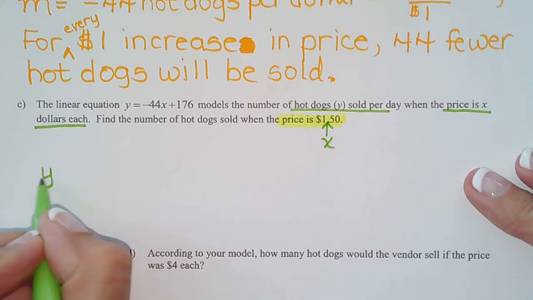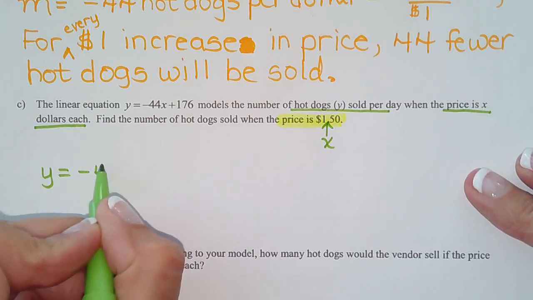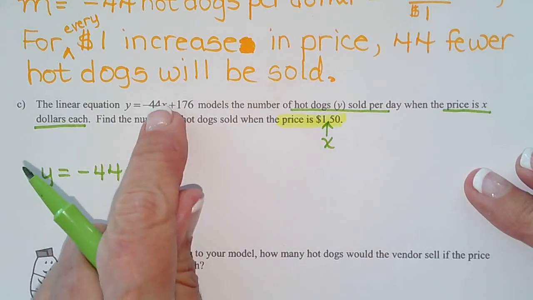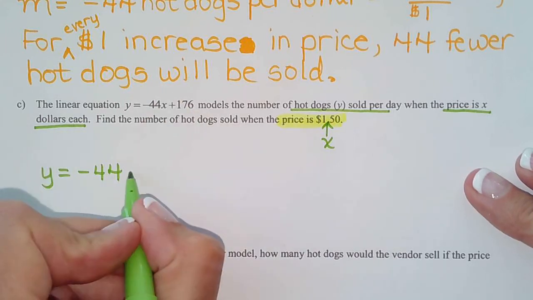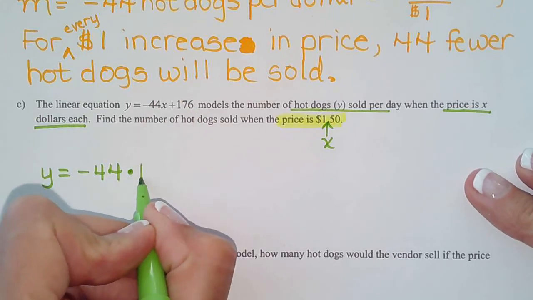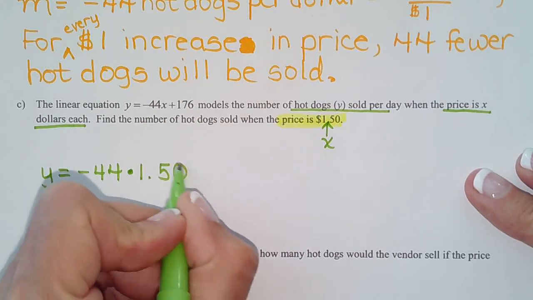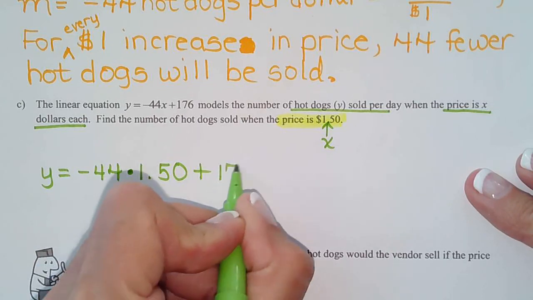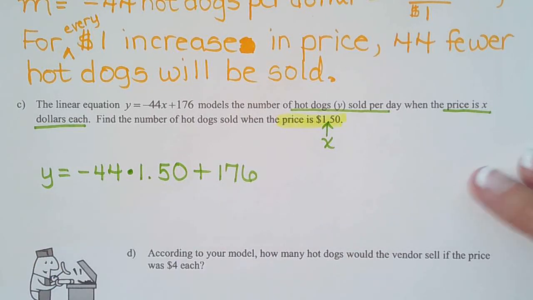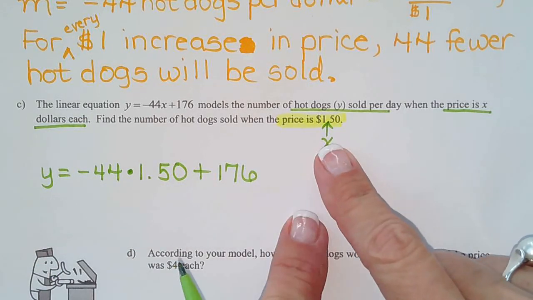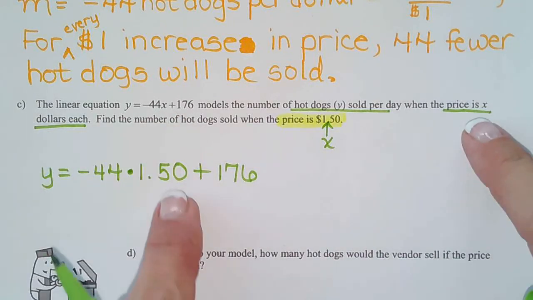So Y equals negative 44. And that means times X. So in this case, it's going to be times $1.50 plus 176. So price is 1.50. So in place of X, I put 1.50.